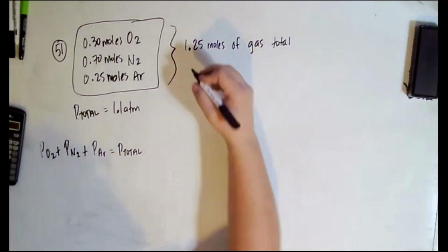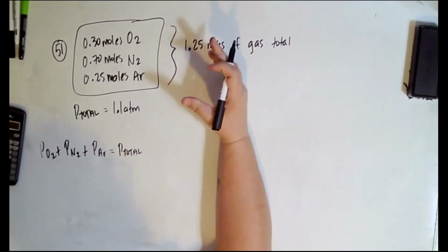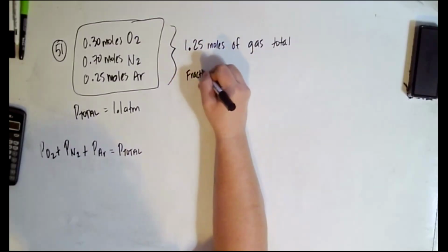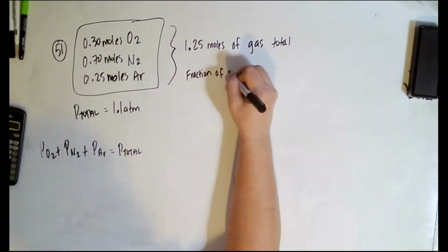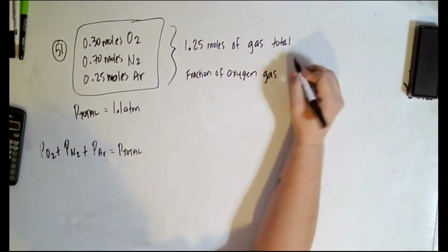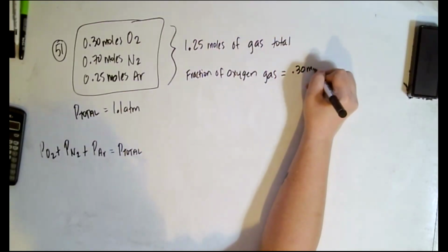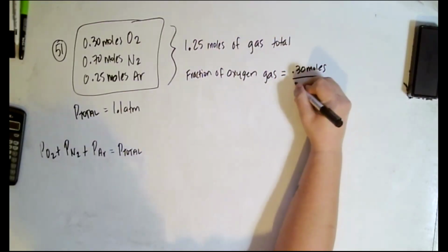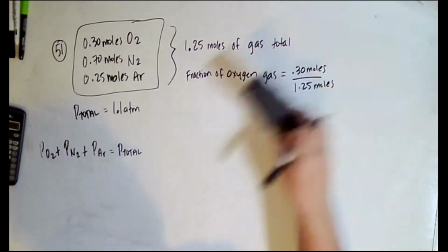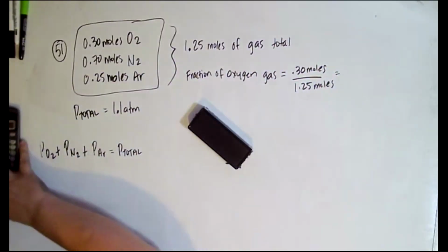Okay. So I can say that my percent or my fraction of oxygen gas is going to be 0.30 moles out of the 1.25 moles, right? This is how much of my total gas is just oxygen gas.